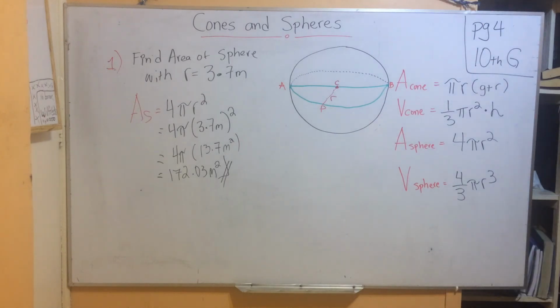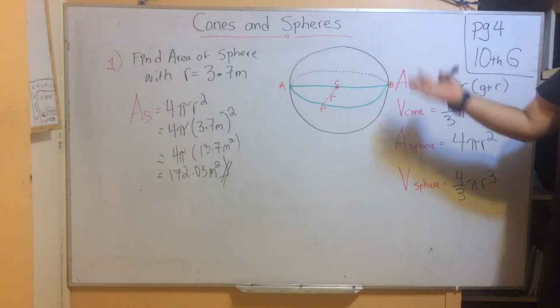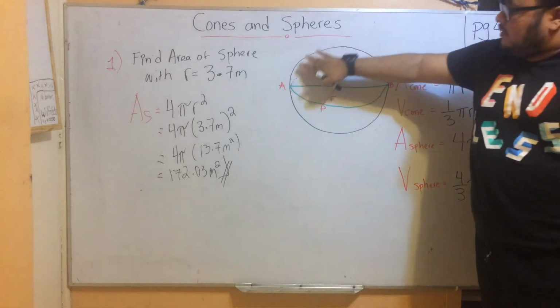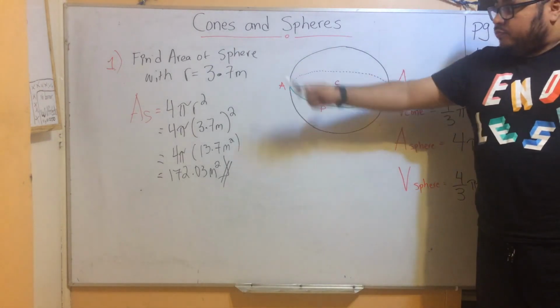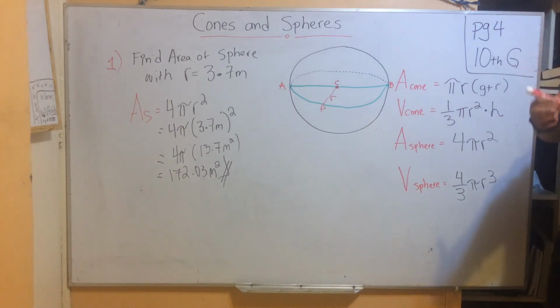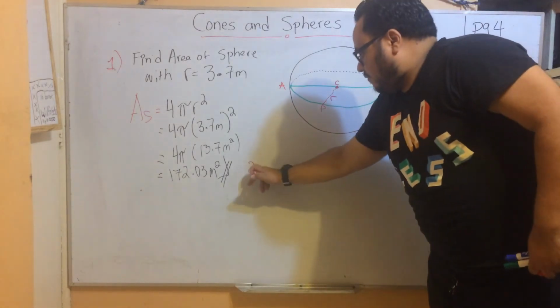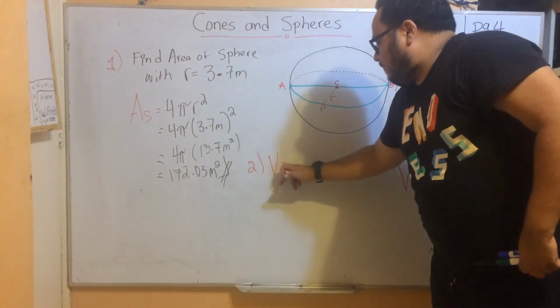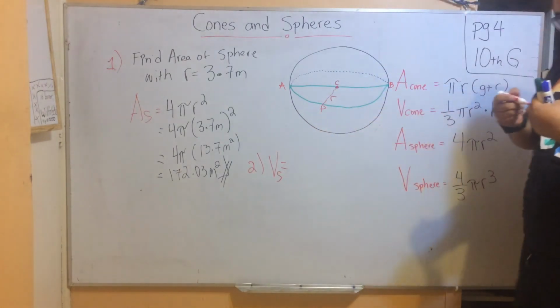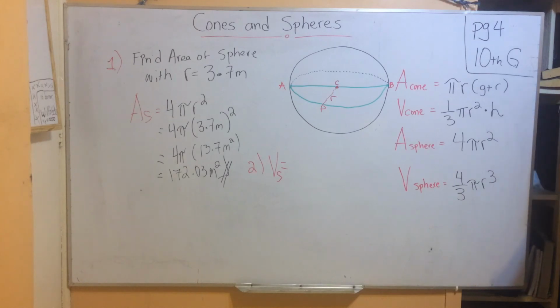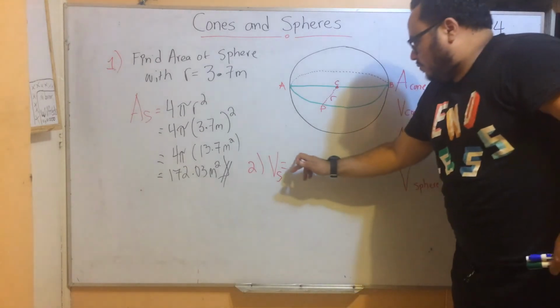Remember that the area, we're just talking about the surface area, what is covered on the surface of the figure. Now let's find the volume using the same value. We bring the volume formula of the sphere, and we have 4 over 3 pi r to the cube.